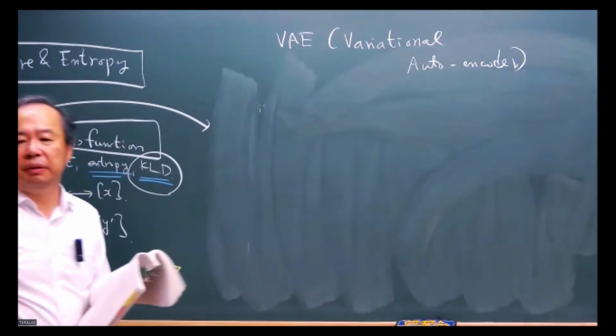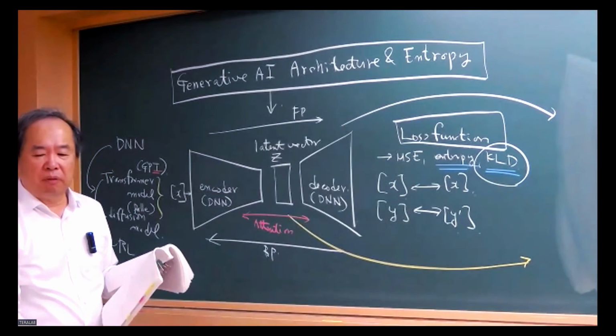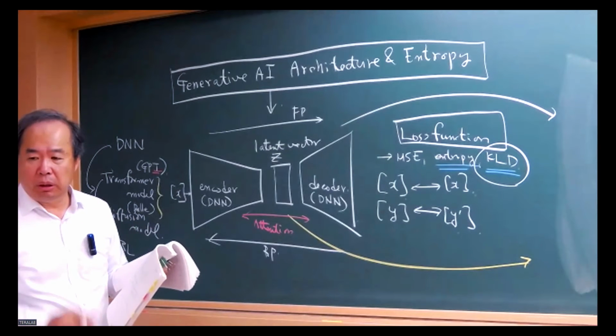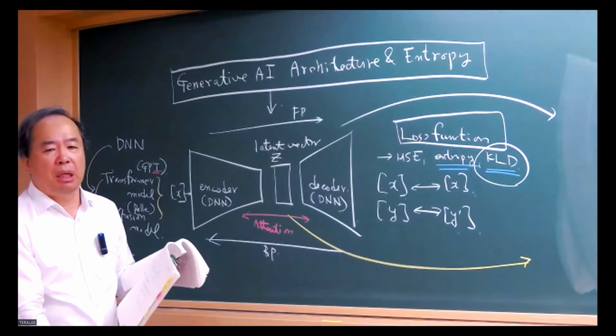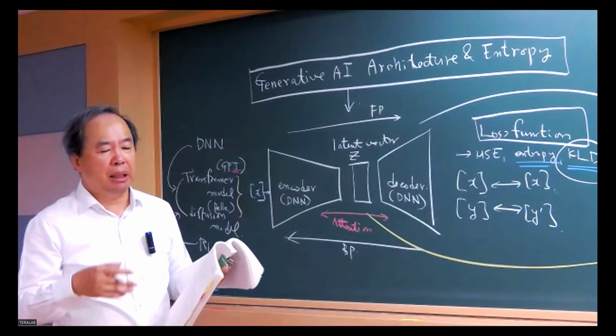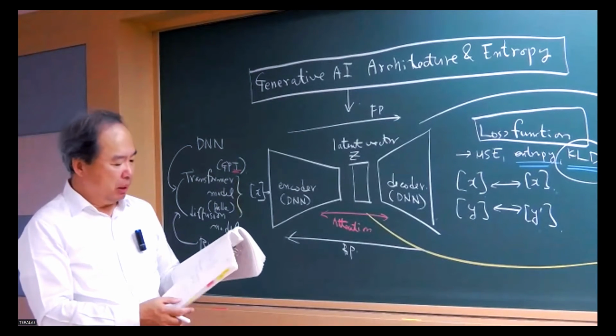Variational autoencoder. In the first week of October, I'm going to spend 2 lectures to describe in great detail about autoencoder and variational autoencoder. Then I'm going to talk about GAN and diffusion models and so on, and transformer models as well.